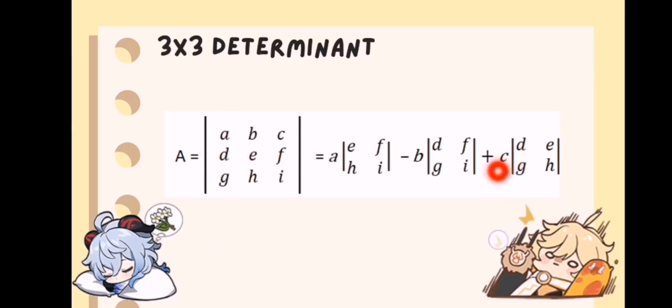For the C one, you simply close C and make the movement like this, and then you will get the left elements, which are D, E, G, H. You get them here. So let us take a look at the example.